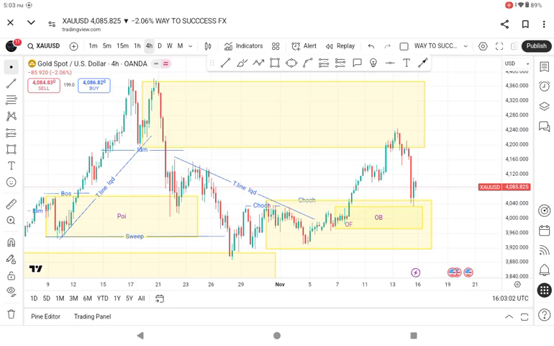So right now, what should we be looking at? When price tapped in this order flow here, before the market close we had our last buying candle, which is this bullish candle here pushing to the upside.